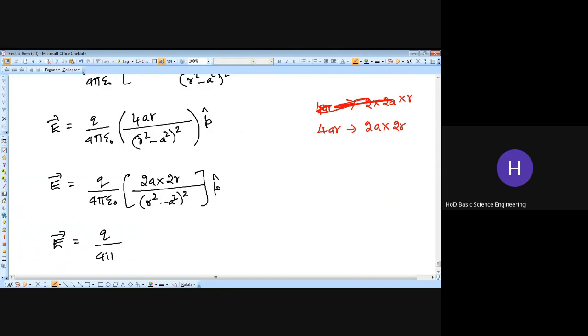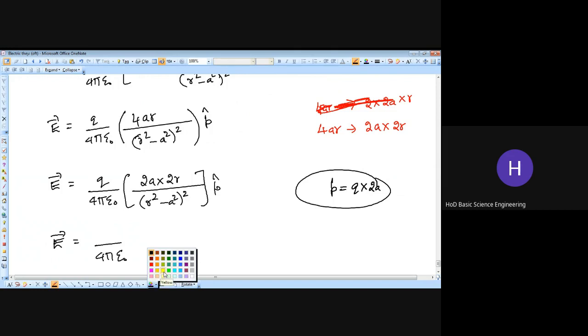Now, what is the expression for dipole moment? Dipole moment is Q into 2A, right? Dipole moment is nothing but Q into 2A. Therefore, this Q and 2A together can be written as dipole moment P. So instead of Q into 2A, you can write dipole moment.